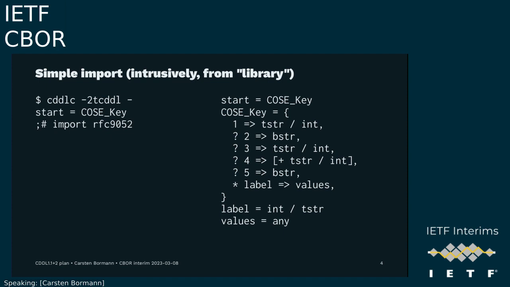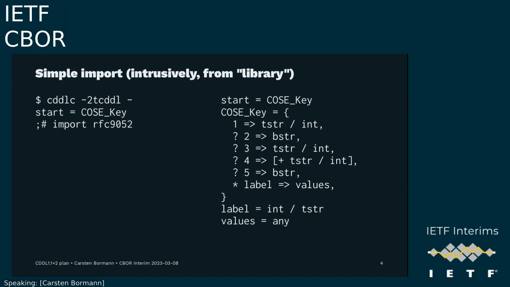So the tool actually copies the start equals COSE key, and then it looks into RFC 9052 for any rules that we might want to use, because COSE key apparently is not defined at this point in time in this CDDL module. So from the RFC 9052 module, it's going to get the COSE key rule. And now that rule again has requirements for the two rules, label and values, and those actually can be found in RFC 9052.